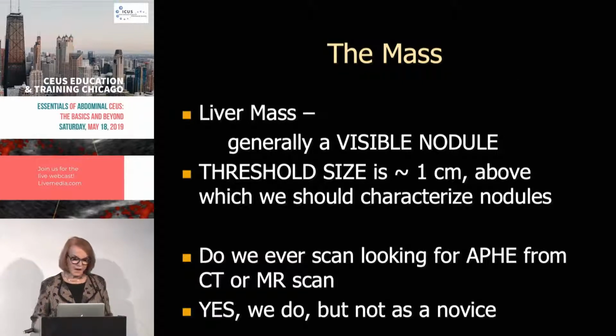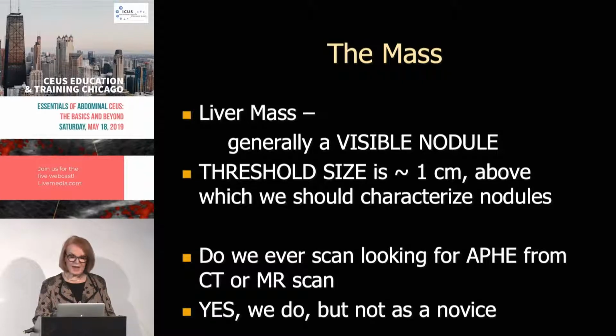Of course, and we scan lots of them. But many times when you get referred a patient, let's say that has a cirrhotic liver, that has multiple nodules everywhere, if it kind of looks like the background tissue, it's a very good help for us to be able to say 1 centimeter is a guideline. Let's wait and watch these until they get there. So it's just a rule of thumb.